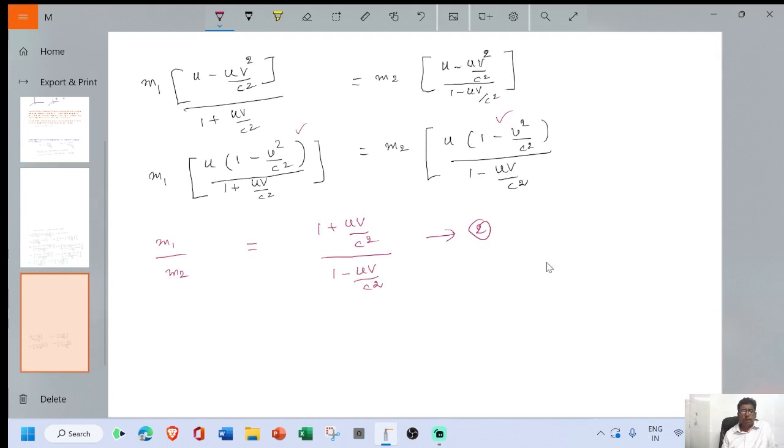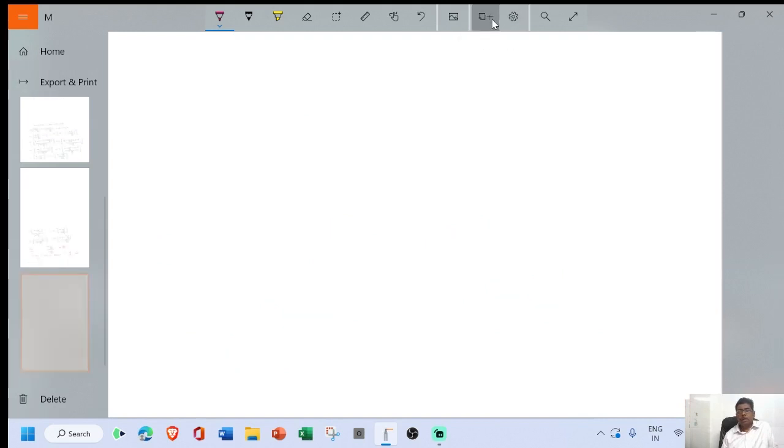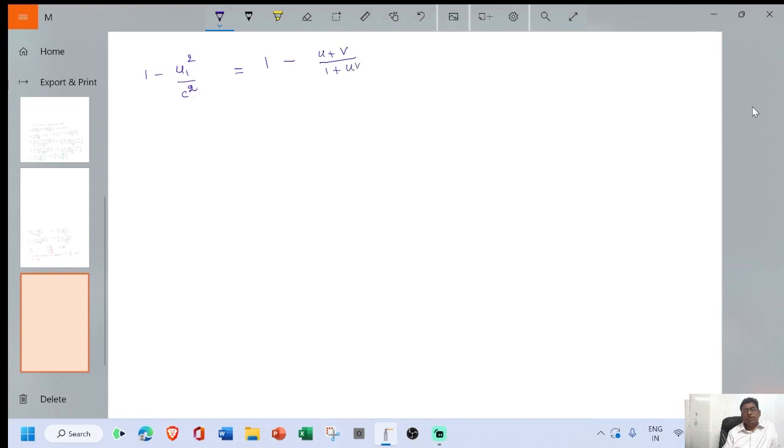Now we have to find the values of 1 minus u1 square by c square and 1 minus u2 square by c square. 1 minus u1 square by c square, that is equal to 1 minus, the value of u1 is u plus v divided by 1 plus uv by c square.